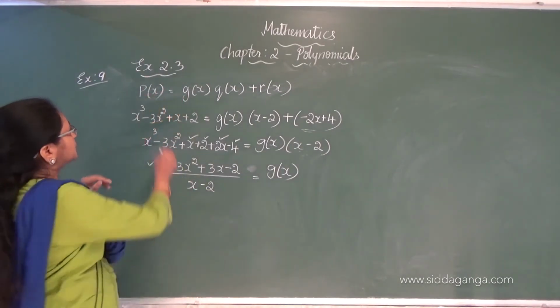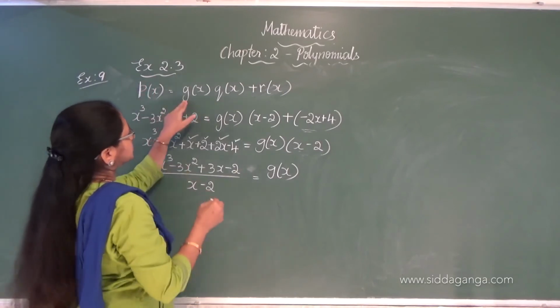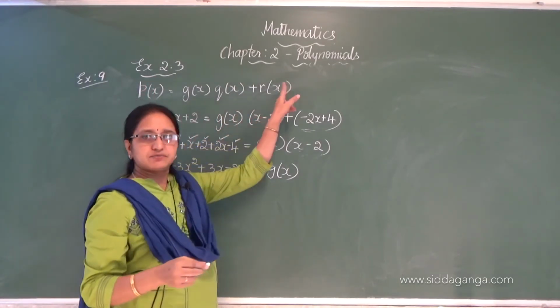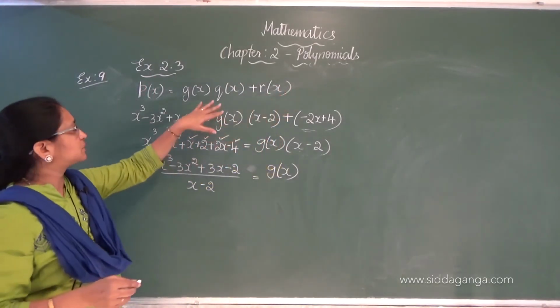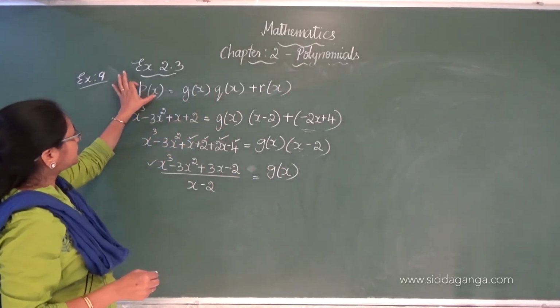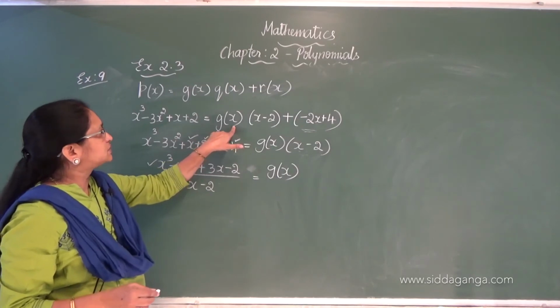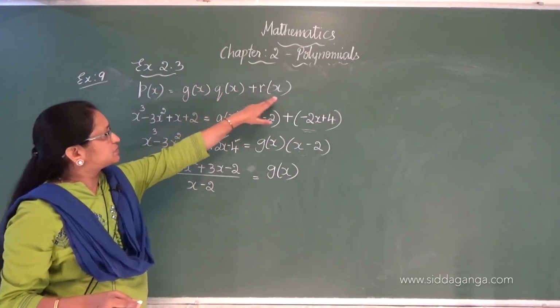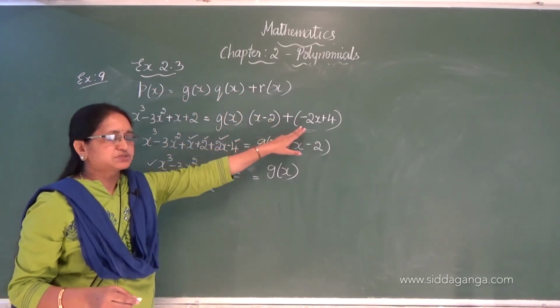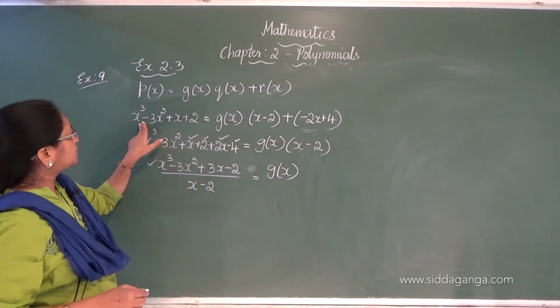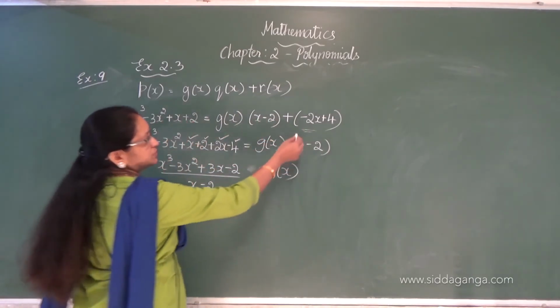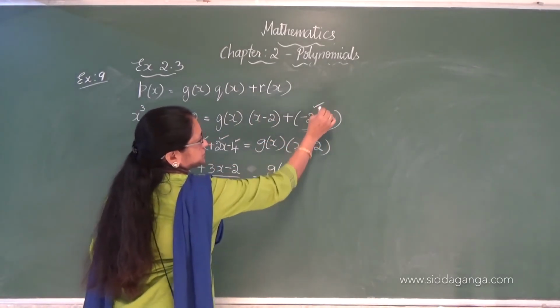Once again let me explain. p of x is equal to g of x into q of x plus r of x. This is the division algorithm. Now p of x, we don't know g of x, we have to find out g of x, and the other three polynomials they have given. So I have substituted. Then from this, first we shall transpose this.